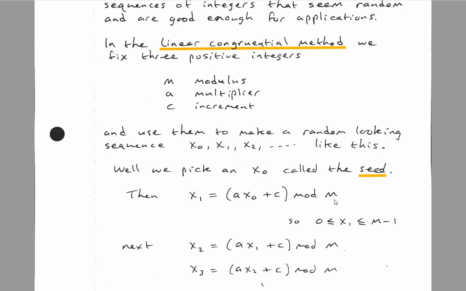Then we work that out mod m: divide by m and find the remainder. That remainder is the next number in the sequence. It's a remainder mod m, so it has to be between 0 and m minus 1.